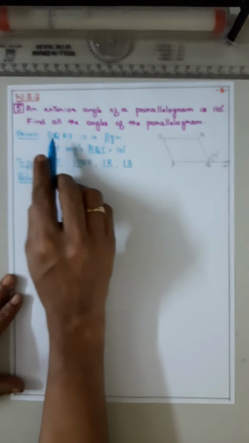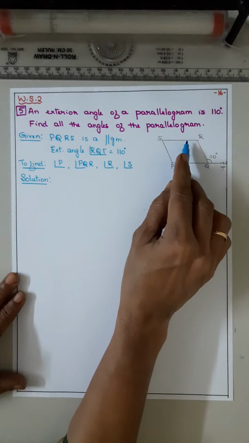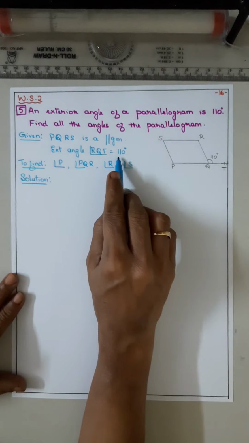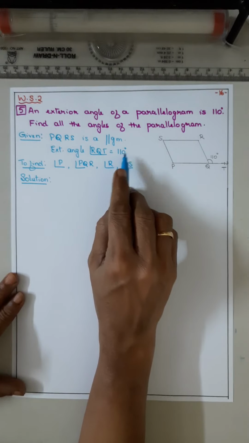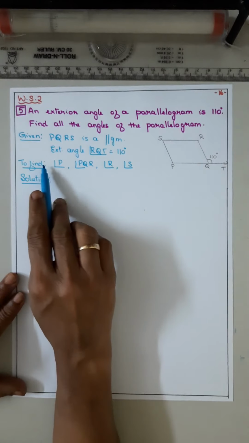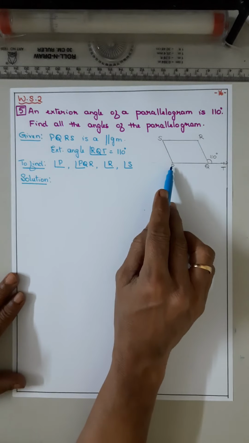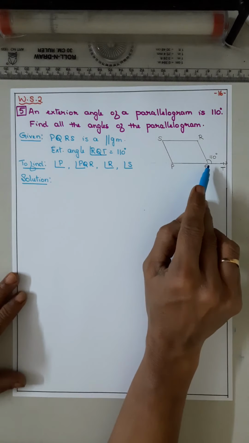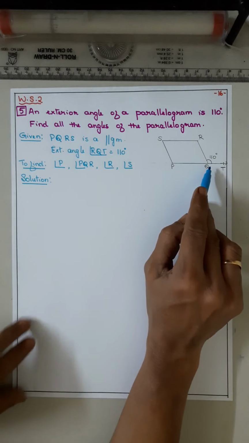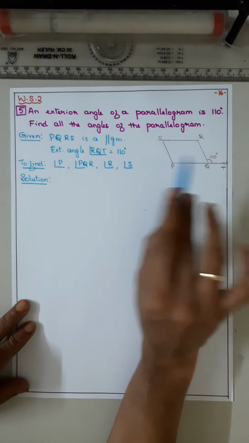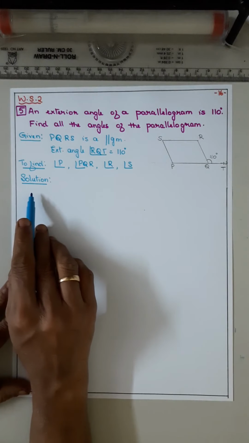Given PQRS is a parallelogram, exterior angle RQT is equal to 110 degrees. Now find angle P. You don't write angle Q; you have to write angle PQR because at Q you have got two angles. Then angle R and angle S. Understood? Now coming to solution.